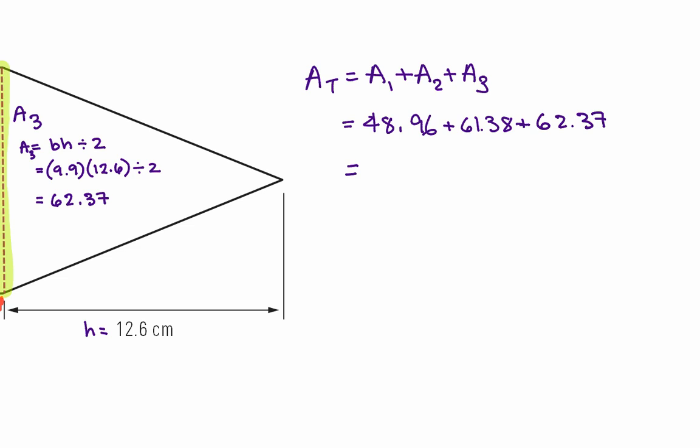So our total area would be 172.71. Now, if you left it at that, I wouldn't give you a wrong answer for not rounding, because it's a nice, neat number in your calculator and it's more exact. But because our question only uses one decimal place, 172.7 would be 100% acceptable, making sure that you've got centimeters squared because it's area.